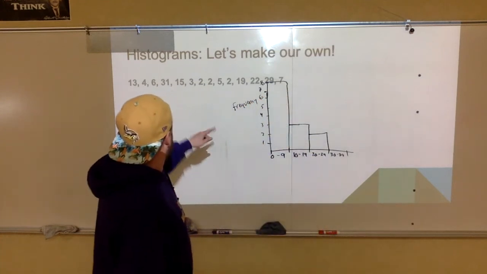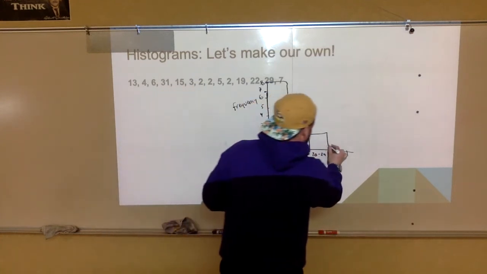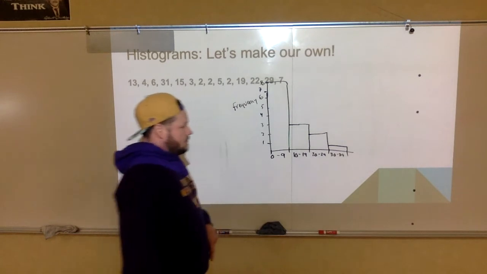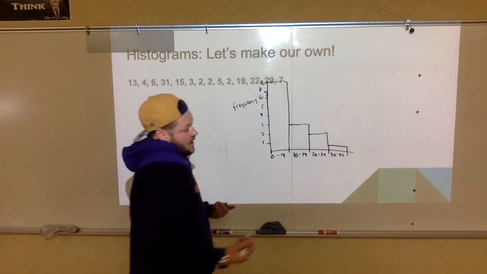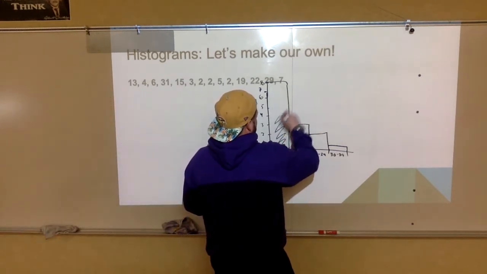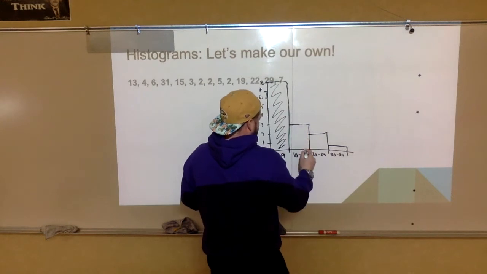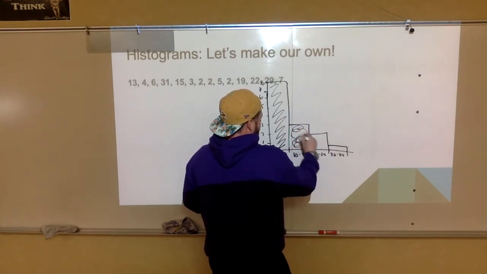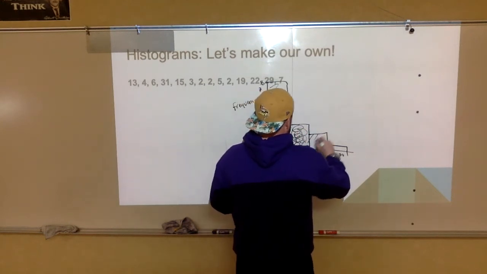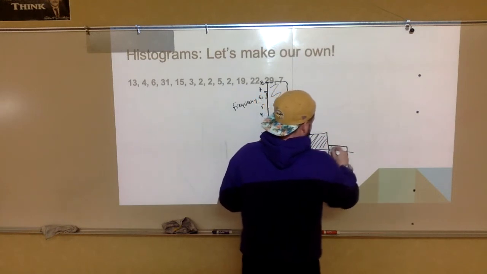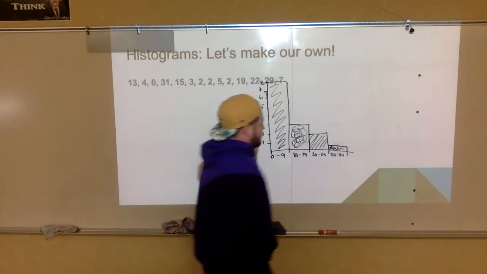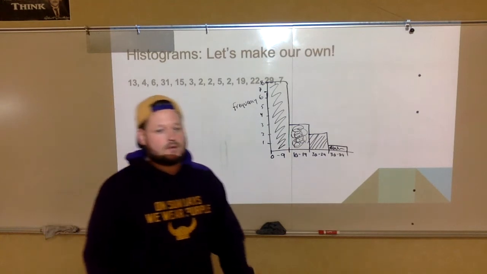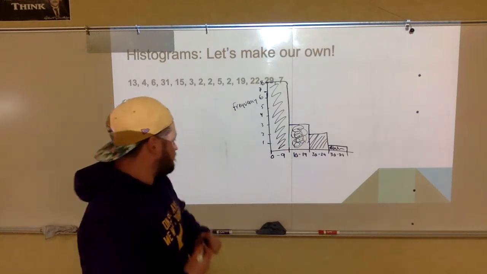And then there's one number in the 30s, 31, so I'll go right here. You don't have to shade these if you don't want to. I like to, so I like to shade them kind of like that maybe, and then maybe some squigglies here, and then maybe some straight lines. And I don't know, maybe this way. Doesn't matter. Okay, so that's an example of making a histogram.